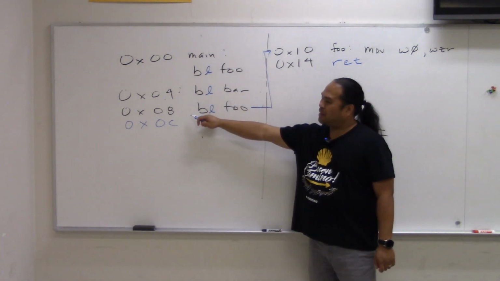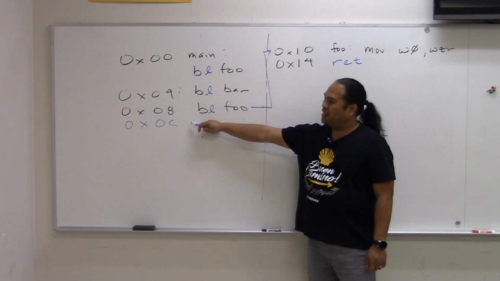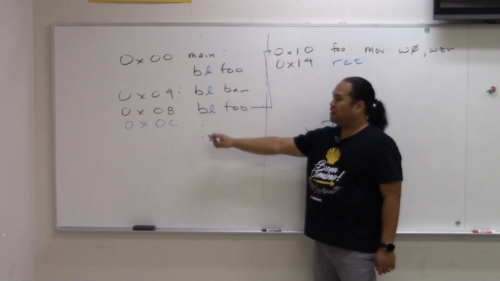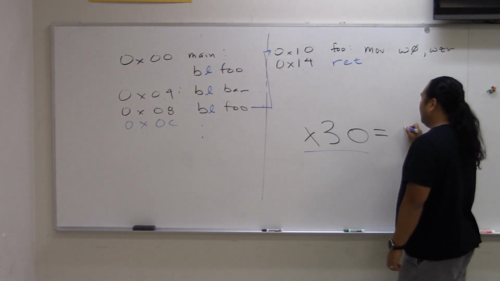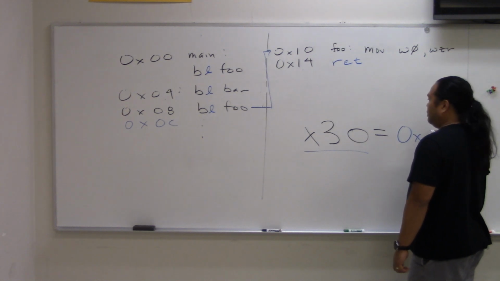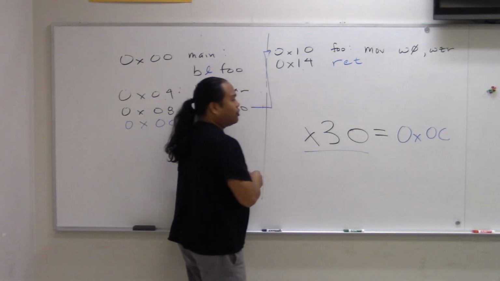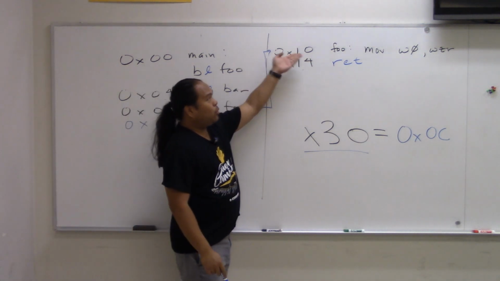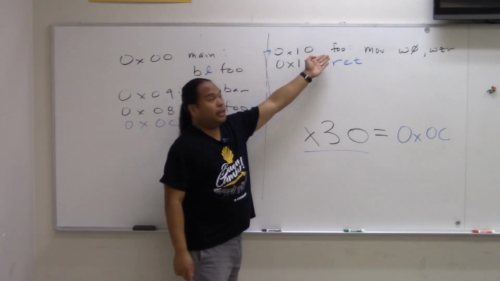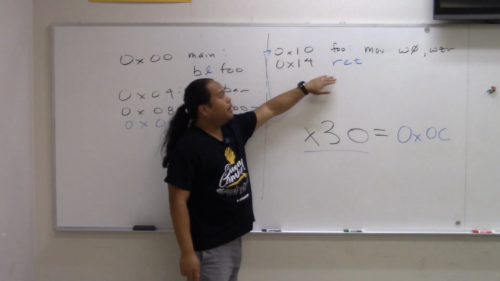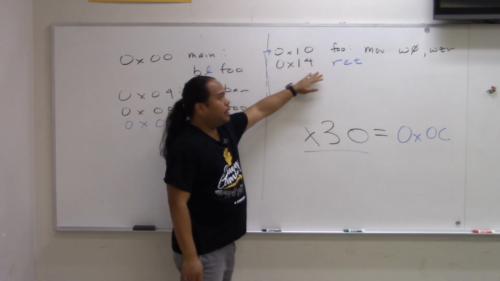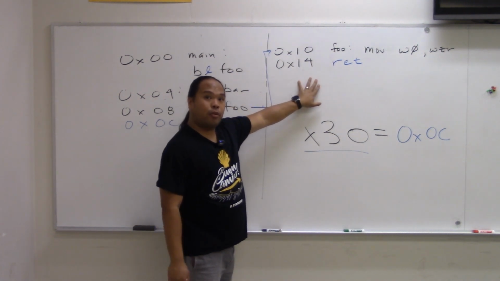So basically we were executing address 8. 8 plus 4 is C, so this branch and link will place the value of C into the register X30. Control is now placed inside of foo. It carries out the no-op. And when you hit this return, it doesn't return to any arbitrary point.